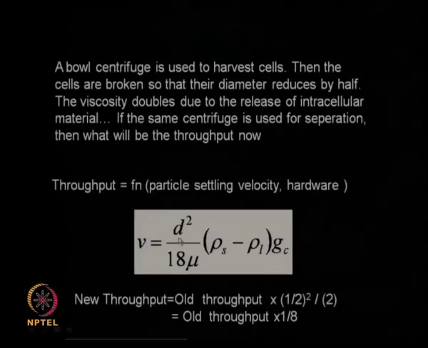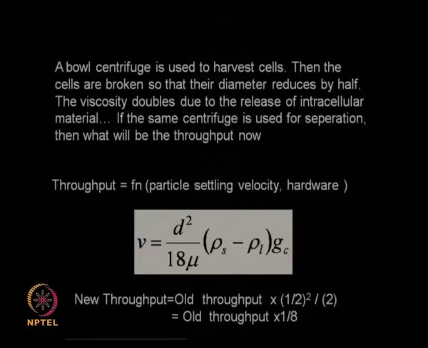So new throughput will be equal to old throughput times half squared, because the diameter squared term is coming here, and since viscosity has doubled I have put a 2 in the denominator. 1 by 2 squared becomes 1 by 4, and with the 2 here it becomes 1 by 8. So the new throughput has gone down by a factor of 8.